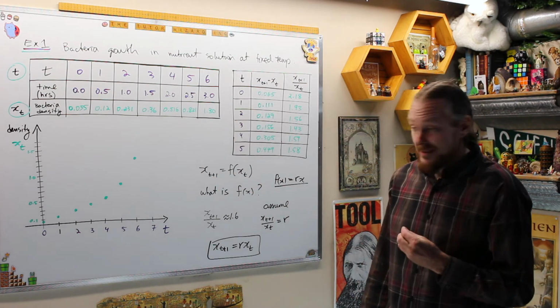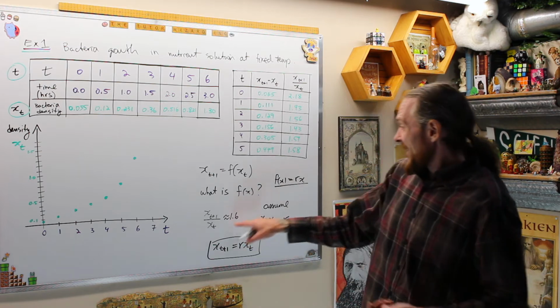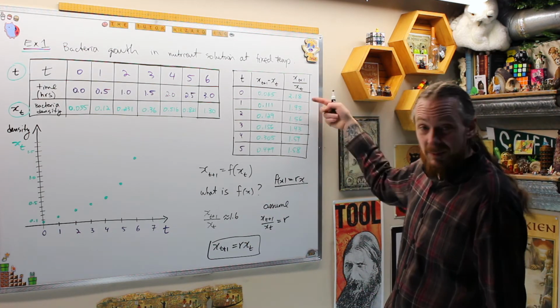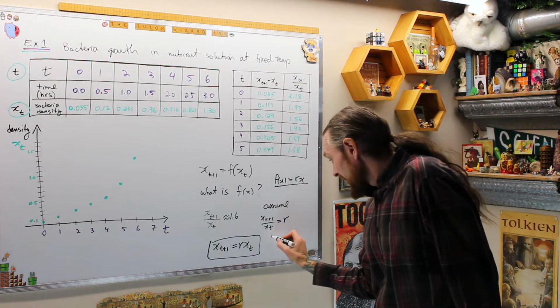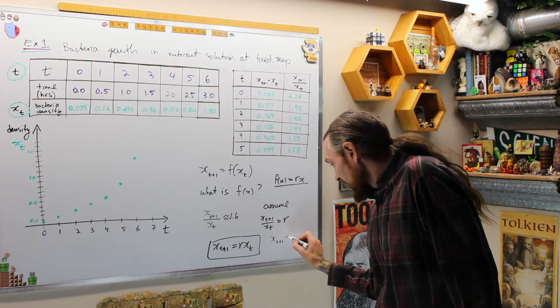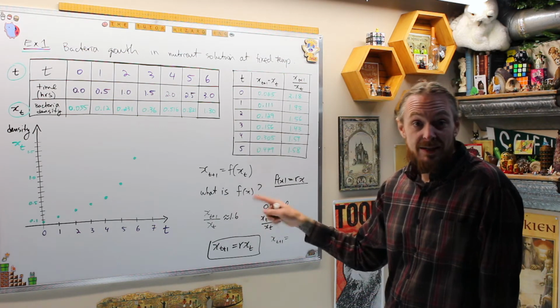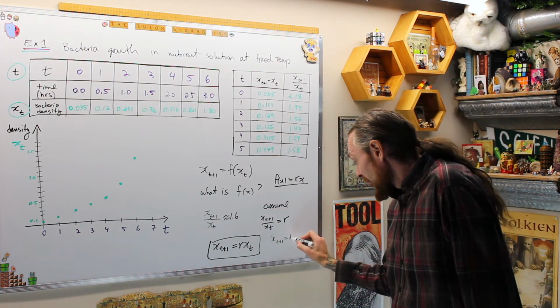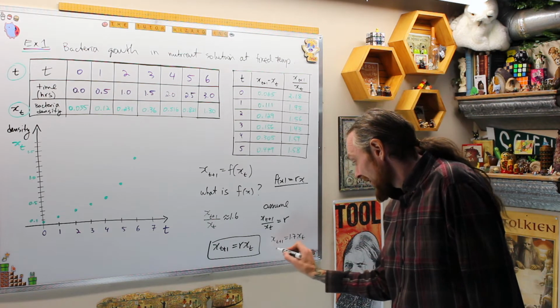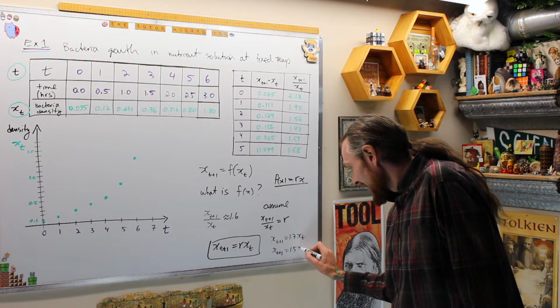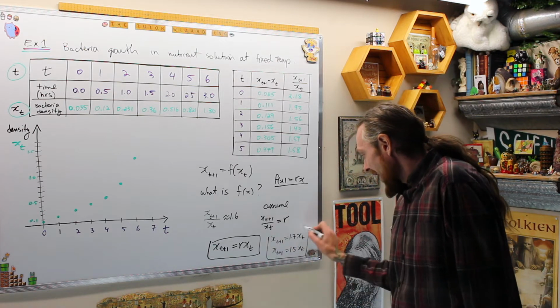Then, because we notice from the actual data that this is roughly 1.6, let's go one decimal point above and one decimal point below. So we'll get x_{t+1} equals 1.7 x_t, and then let's also try to model with x_{t+1} equals 1.5 x_t and see how accurate that gets us.